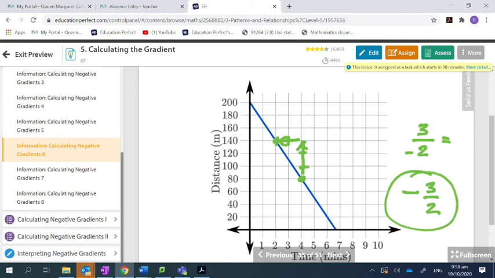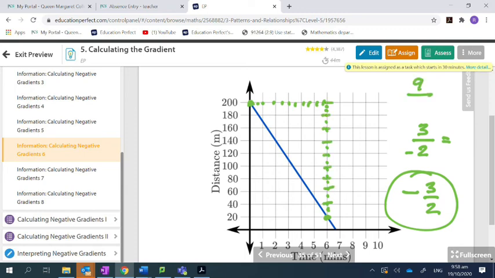Now again, you could have used different points. It makes no difference. We could have chosen this point and this point. We just would have had to count more. To get from there to there, we have to go up 1, 2, 3, 4, 5, 6, 7, 8, 9 units.